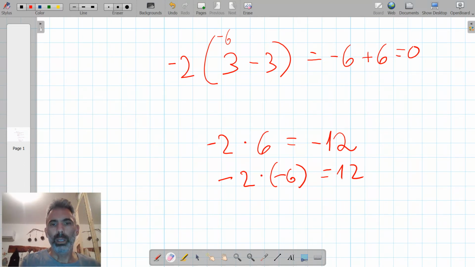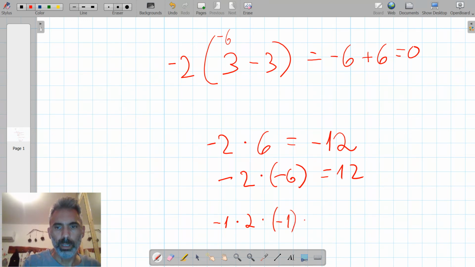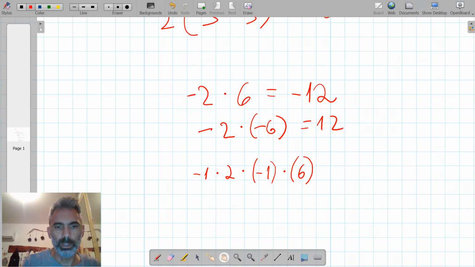Okay. Another way to think about it is that each minus sign is like minus 1 times the number without the sign. So this explains why we can just multiply 2 times 6, 12, and then treat each multiplication by minus as the opposite.